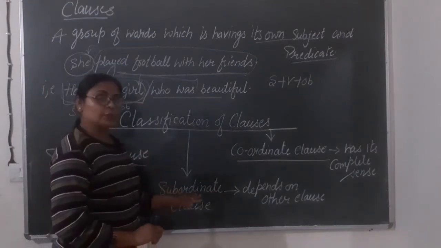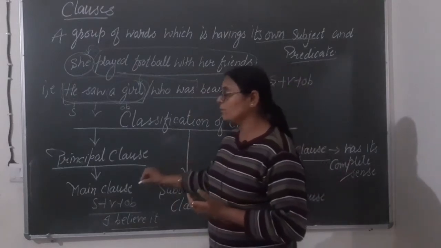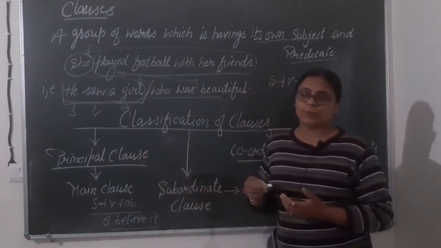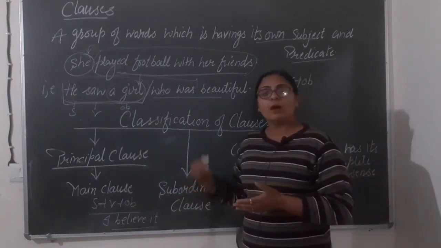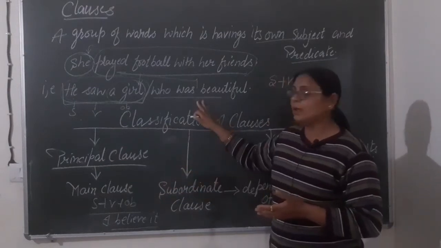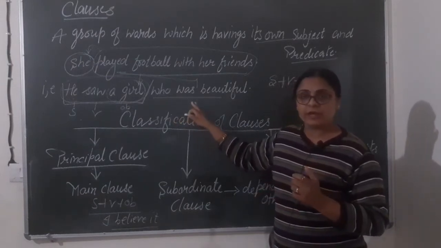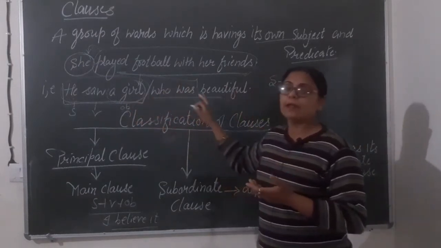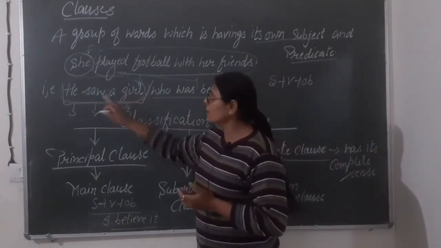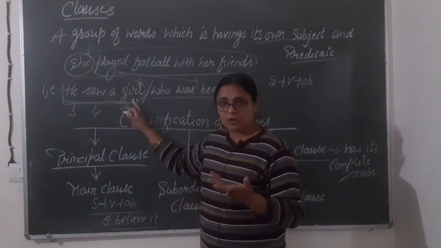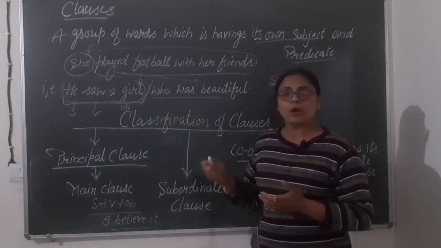Second is the subordinate clause. A subordinate clause depends on another clause, basically on the main clause, to give a sense. Subordinate means that it takes the help of another clause. I have taken one example only to make you understand how we can classify, identify and use a clause. Let's see the example again: he saw a girl. This is complete. It is giving us the information that he saw a girl.